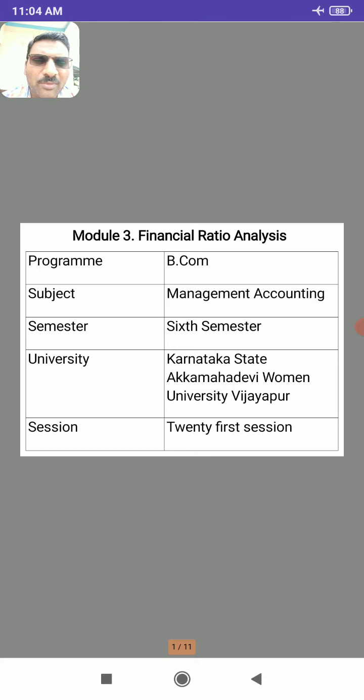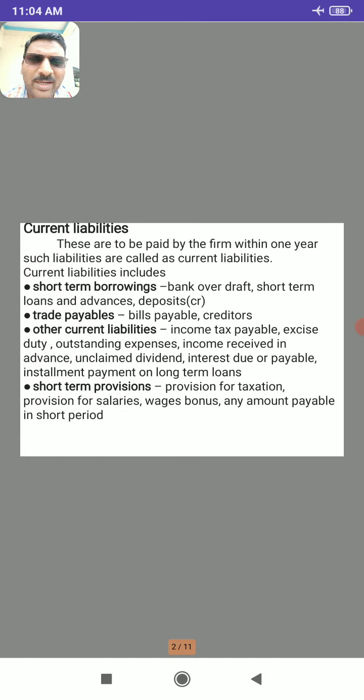In this session we will study what current liabilities are, and after that we will take a simple problem on current ratio. Current liabilities are those to be paid by the firm within 1 year.